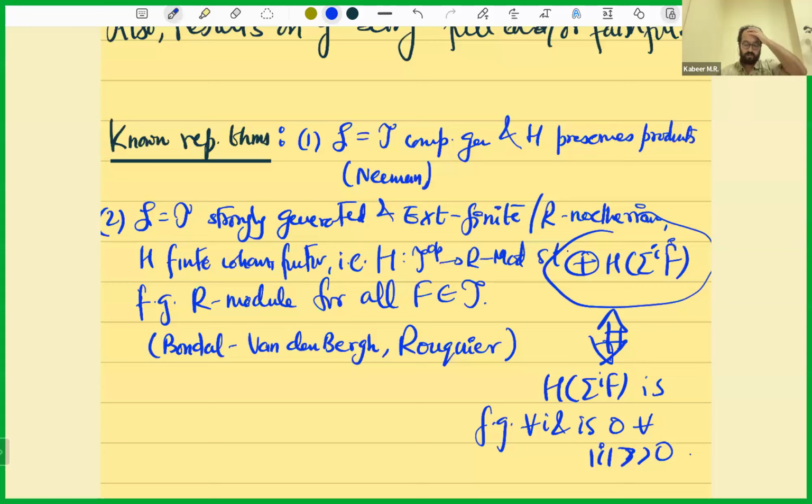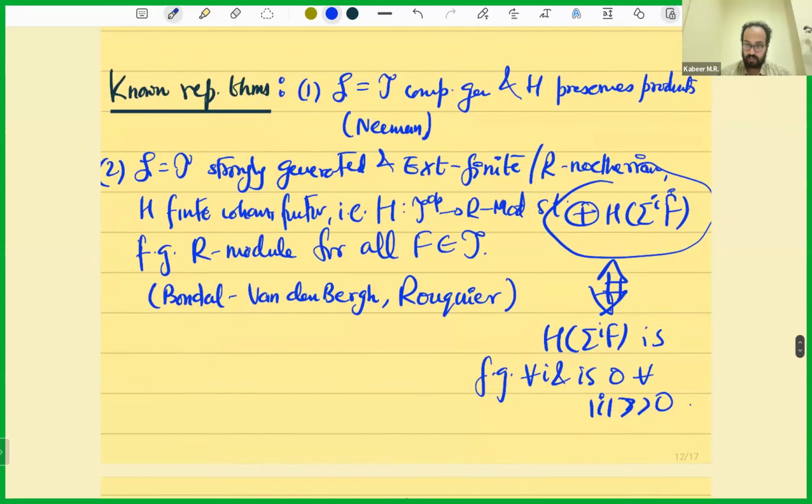This is a result by Van den Bergh over a field, I think, and then improved upon by Rouquier over a Noetherian ring R. So these are two important results in the older literature. But of course, there are a ton of other results which I cannot get into.